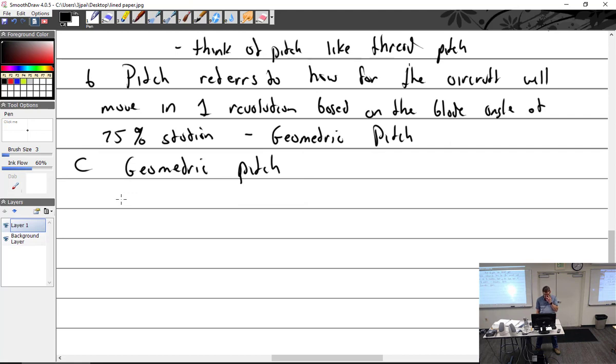So geometric pitch is a purely theoretical distance. Theoretical distance an element of a propeller would move forward in one revolution if it were moving along a helix having an angle equal to the blade angle. That's kind of a little wordy. Theoretical distance in inches.